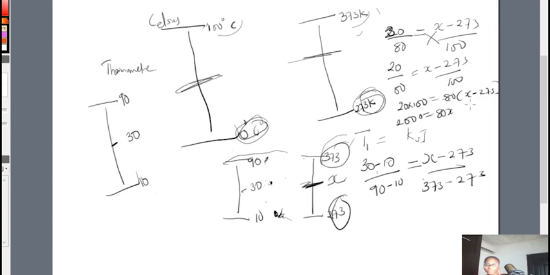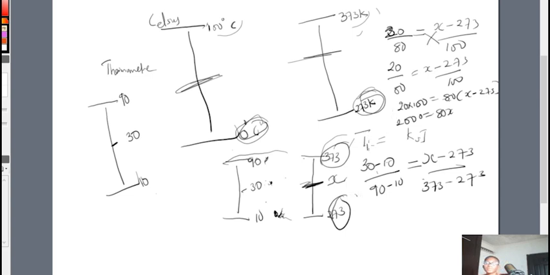And 80 multiplied by 273, let's do that with our calculator. 80 multiplied by 273 is 21840.